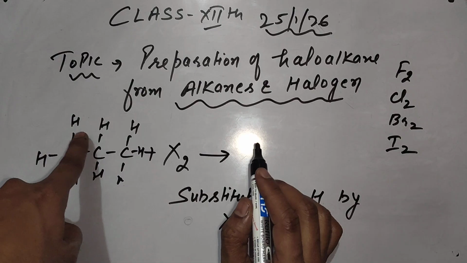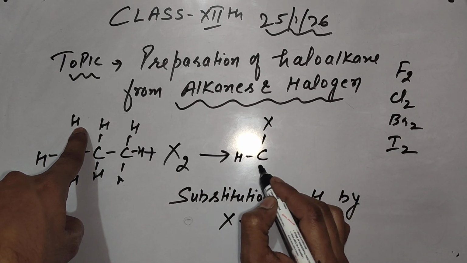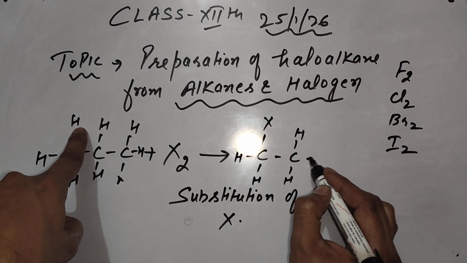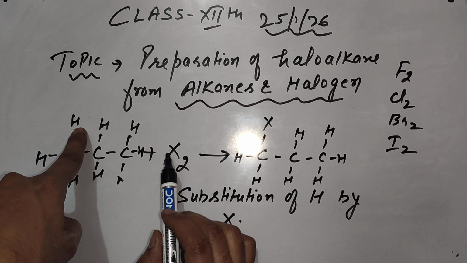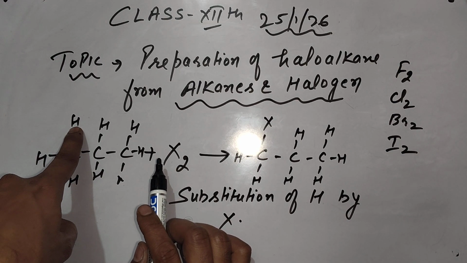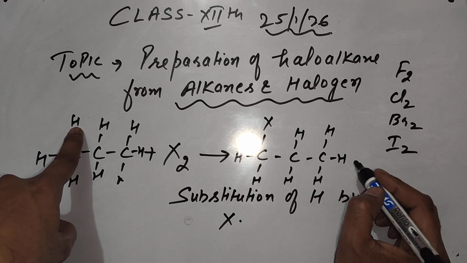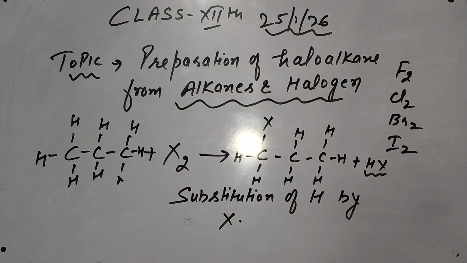Any hydrogen, let's take this hydrogen, will be substituted by 1 X and the rest of the hydrogens will remain as they are, no change here. And what will be the side product? H is replaced by X, 1 X is available here, 2 X are there, so the other X will combine with this hydrogen, so the side product will be HX.